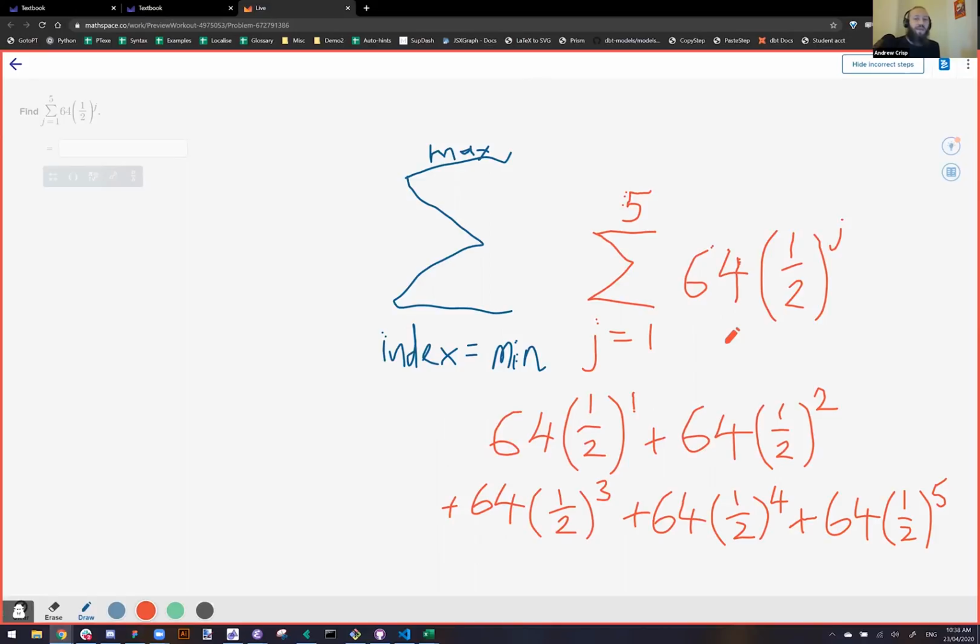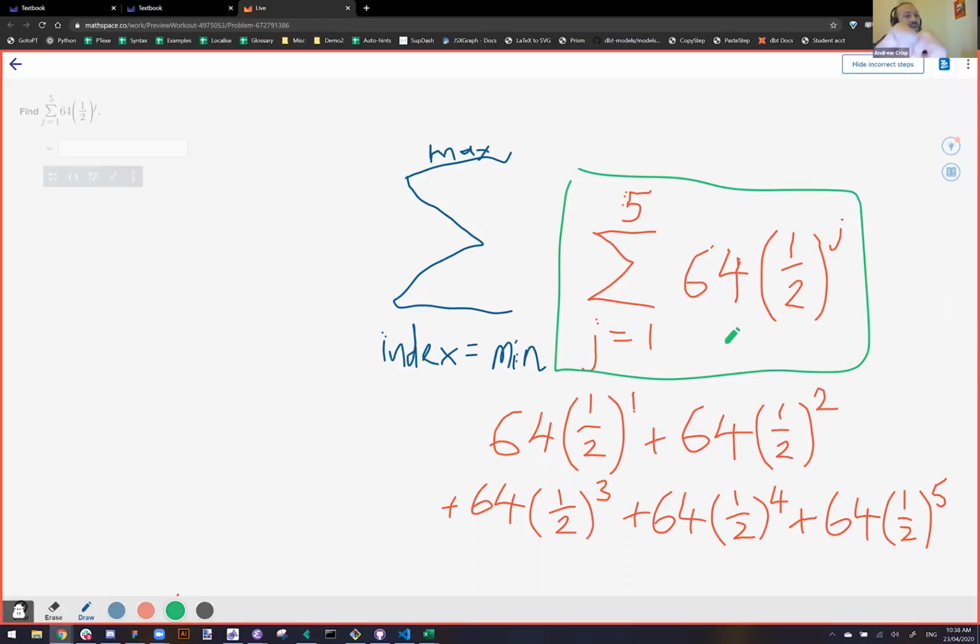So just to recap, this whole blob represents the sum that you get if you take the expression of this form and start at j equals 1 and add up by 1 each time until you get to 5, then these two things are the same. But it takes a lot less time to write what I put a box around than it does to write everything out one by one.